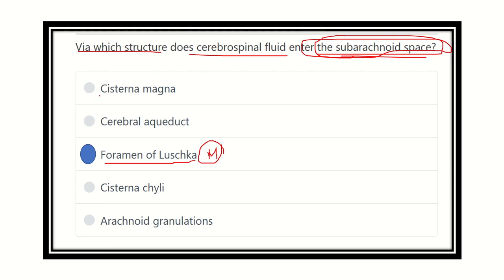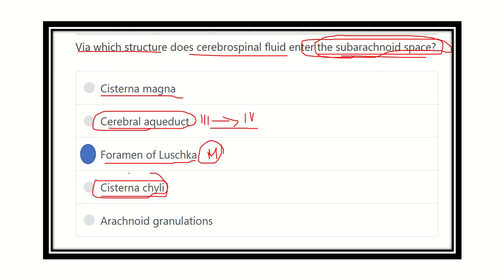The other option, the cisterna magna, is not correct. Then the cerebral aqueduct, or aqueduct of Sylvius, connects the third and fourth ventricles of the brain. Then the cisterna chyli is a lymphatic structure and is not located in the brain area.